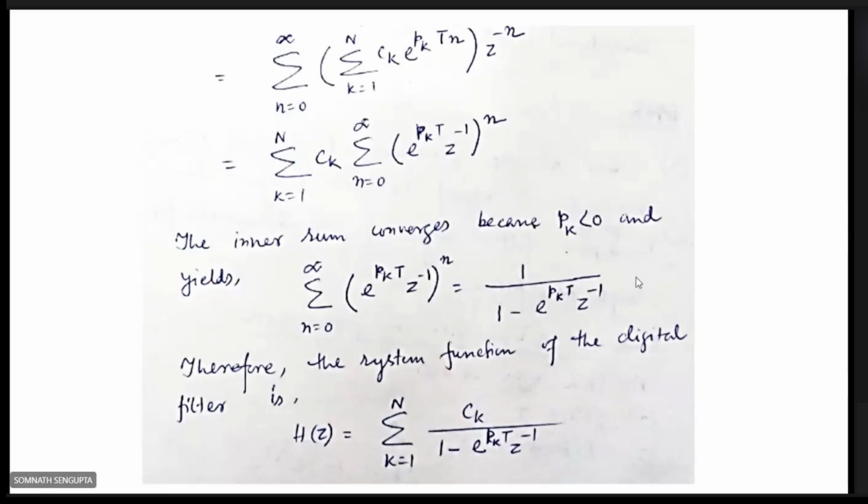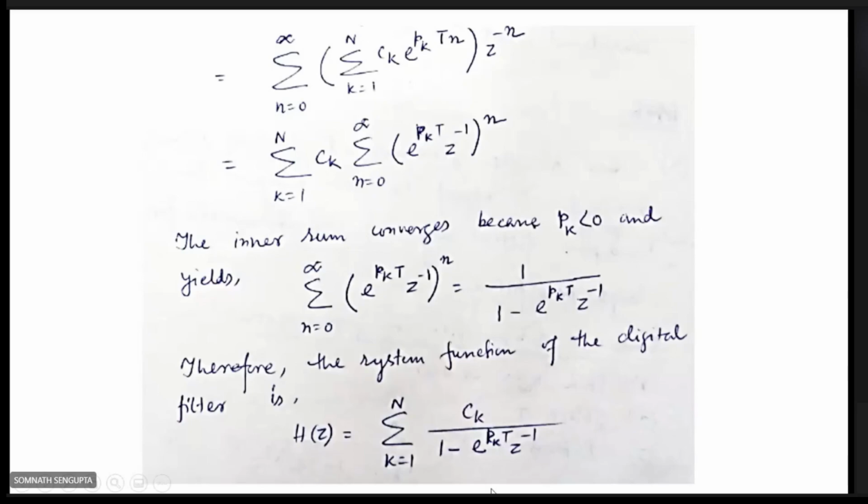Here the inner sum converges because the poles pk are in the left half of the s plane. So we can write H(z) equal to the summation of Ck divided by 1 minus e to the power pk T z inverse. This is the final expression, the system function of the digital filter.